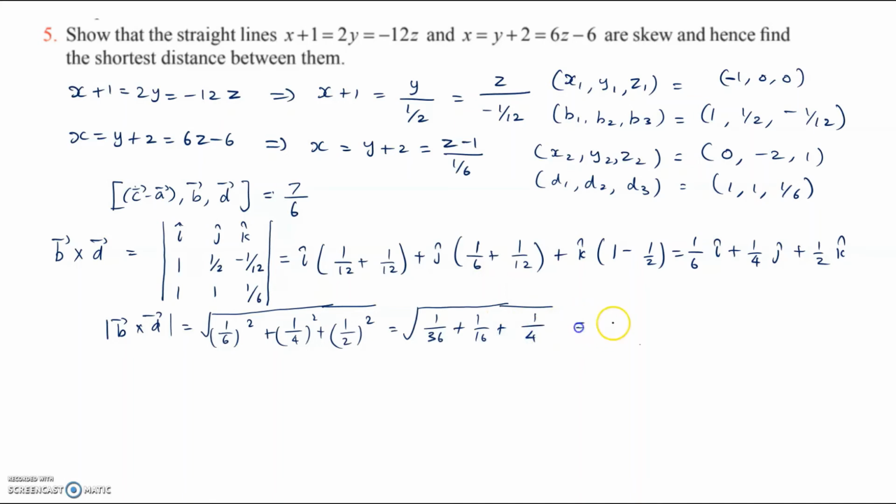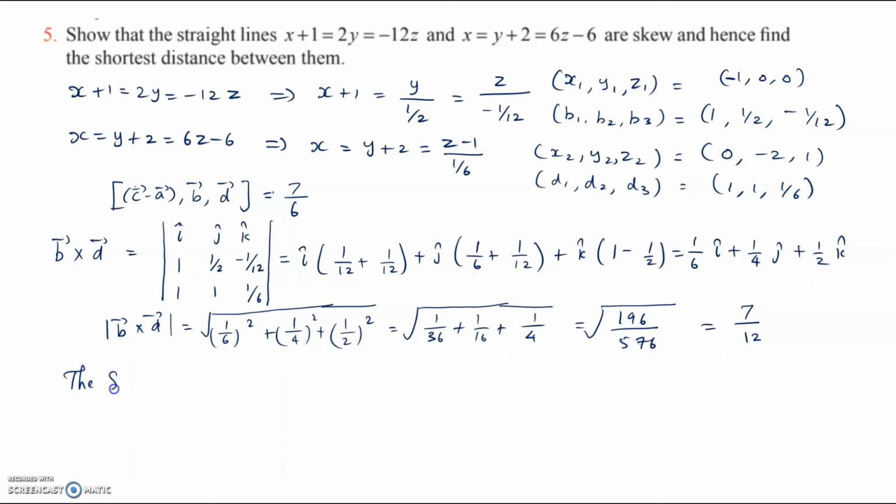Further, solving this, we get 196 over 576. This is equal to 7 by 12.